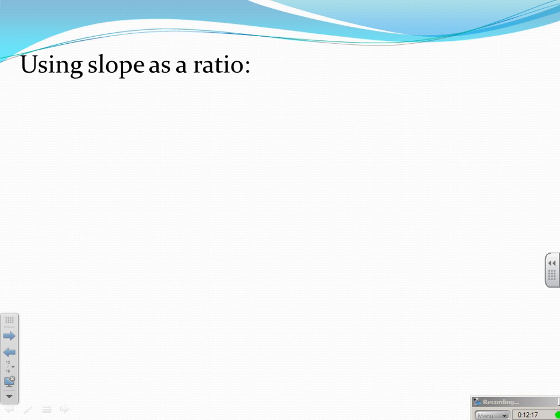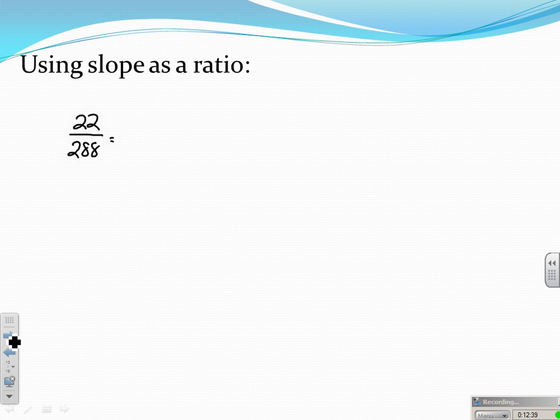Well, notice that those two units do not match. So first thing you're going to need to do is convert those feet to inches. 12 times 24 is 288. So we have our 22 inches that it can rise, and then the run is 288.